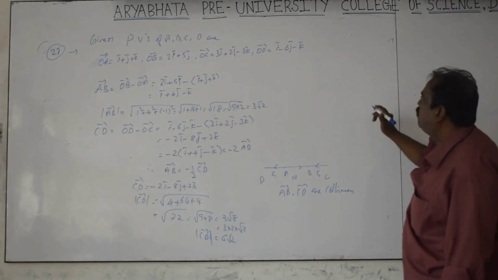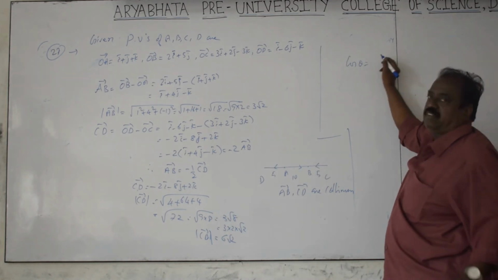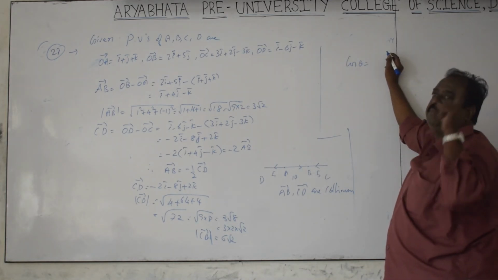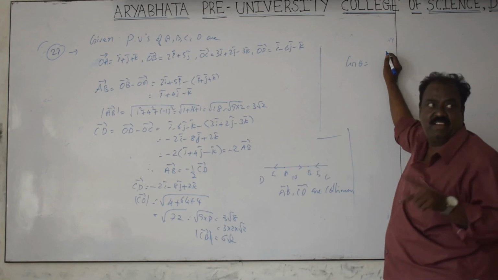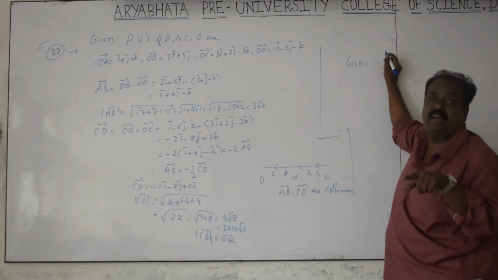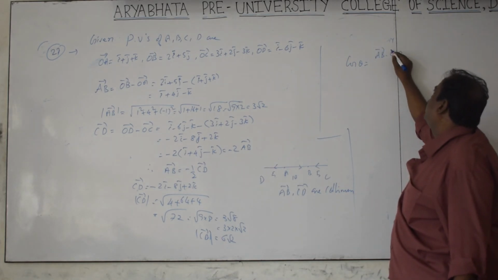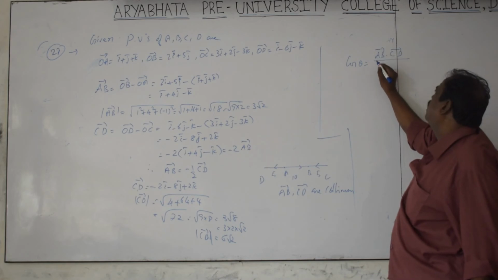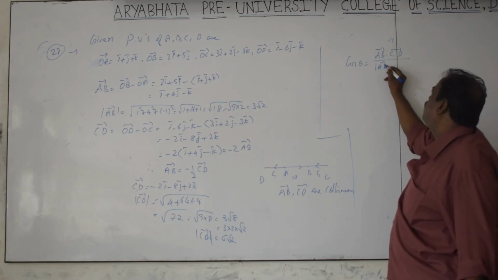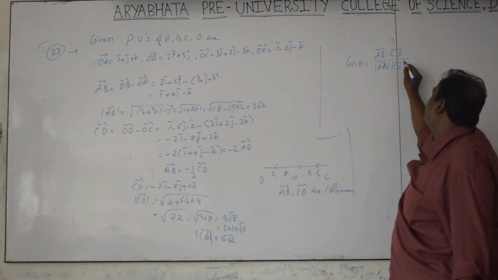Observe. Suppose theta is the angle between AB and CD. Cos theta equals A bar dot B bar by modulus of A bar times modulus of B bar, like that: AB bar dot CD bar by modulus of AB bar times modulus of CD bar.